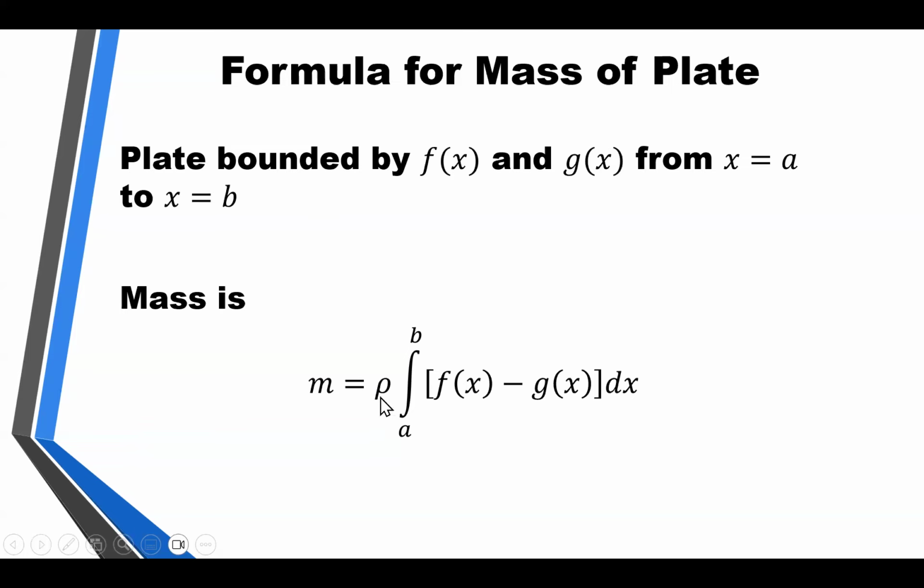This letter is rho, and that just stands for the density of the plate. So the mass is just the area of the planar lamina times the density of the material we're using.